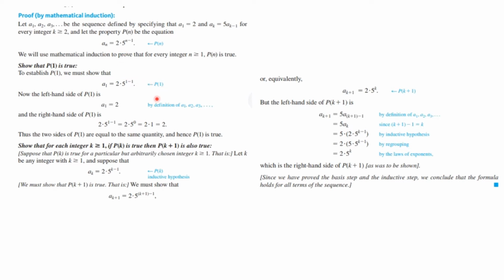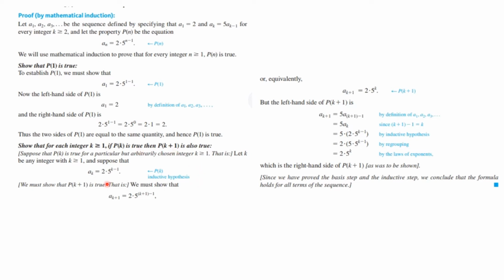And so our base case is P of 1. So for P of 1, we let n be 1. And that says a1 is 2. And since that is what we had, P of 1 is true. Now you have to show for each integer k bigger than 1, if we assume that this is true, P of k, then P of k plus 1 is also true.